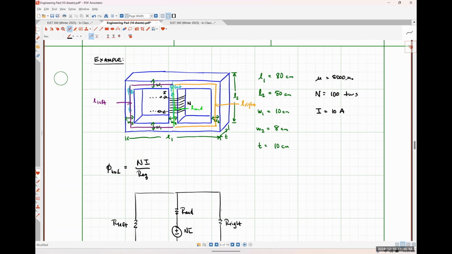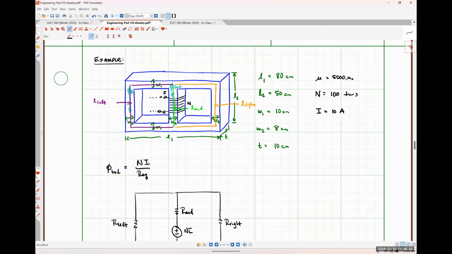So let's assume that that middle bit is exactly halfway in between. 1/2 L1 minus a W2. Nope. I think it should be... No, you are right. Minus half of a W2.